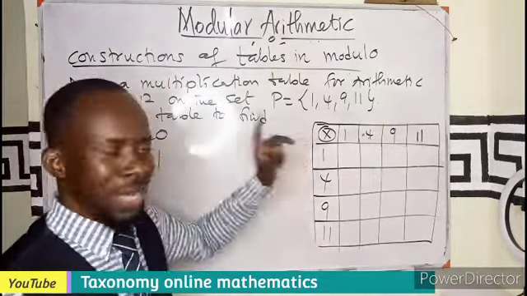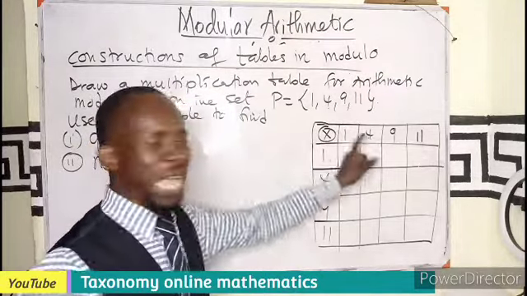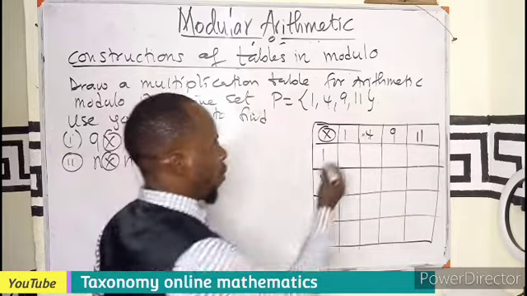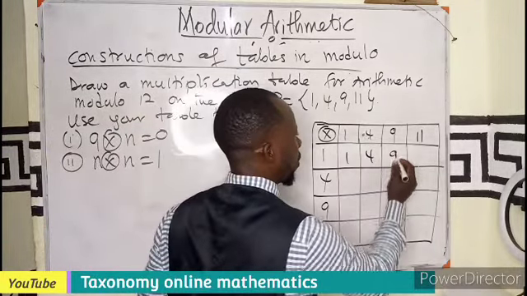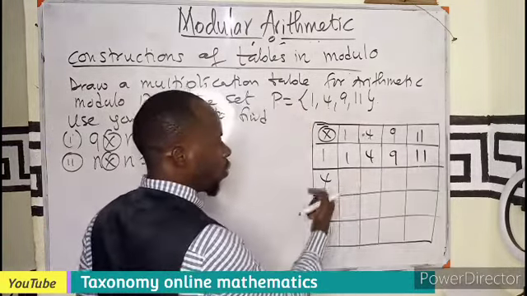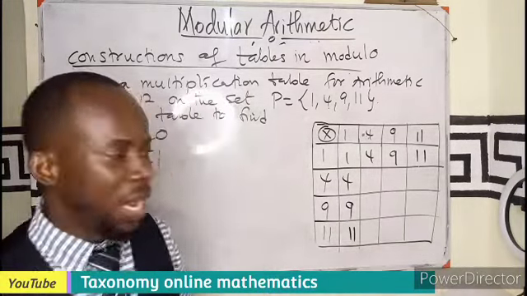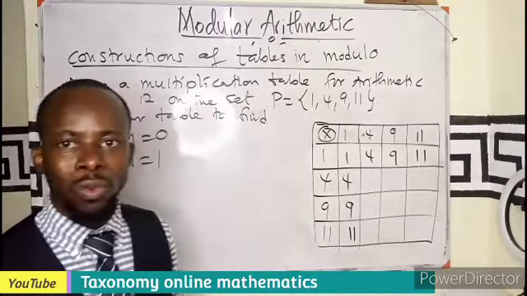So 1, in the previous example, we see that 1 times any number produces the same number. So 1 times 1, 4, 9, 11 gives 1, 4, 9, 11. So we are left with only this space to fill.